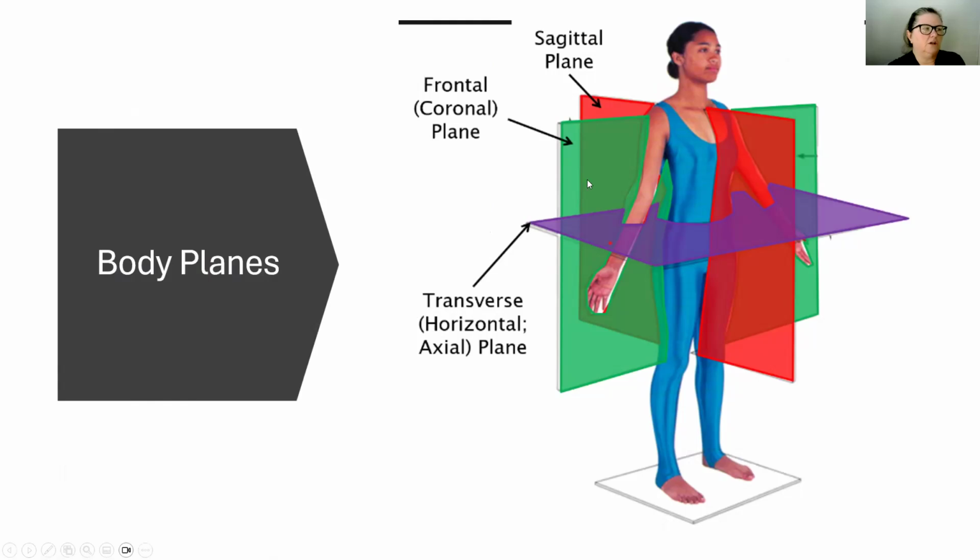The green, going through this way and dividing the body into front and back, or anterior and posterior, or ventral and dorsal, is called the frontal or coronal plane. The one that goes through the middle, separating top and bottom, or superior and inferior, or cephalic and caudal, is called the transverse plane, or the horizontal axial plane.